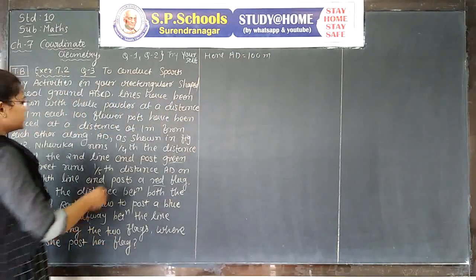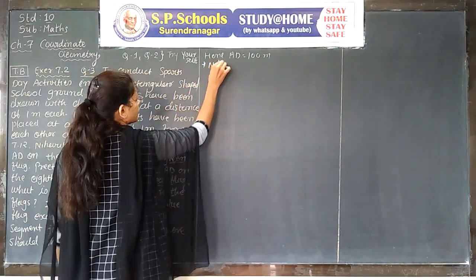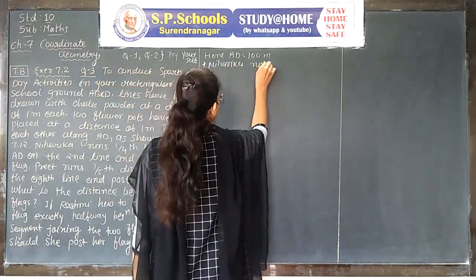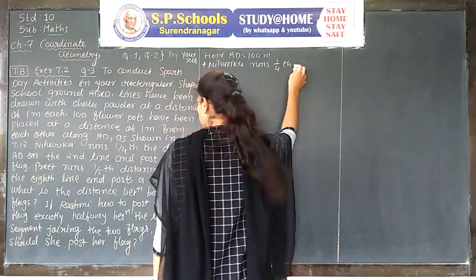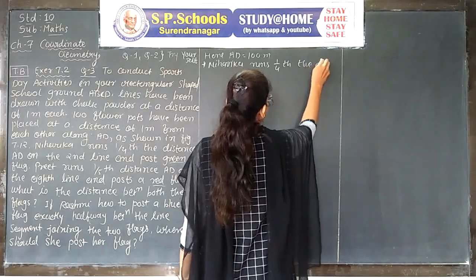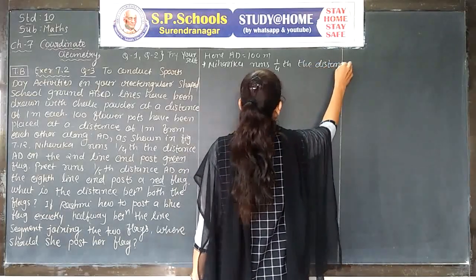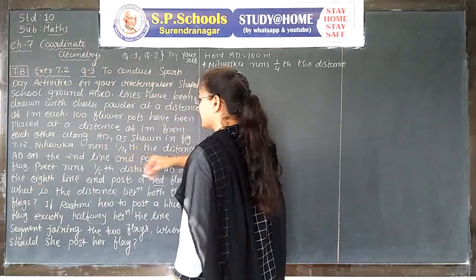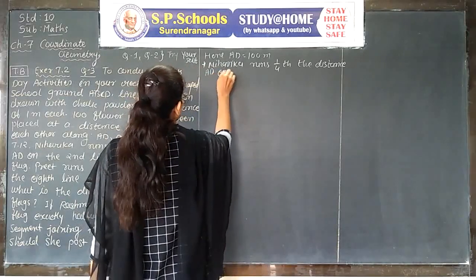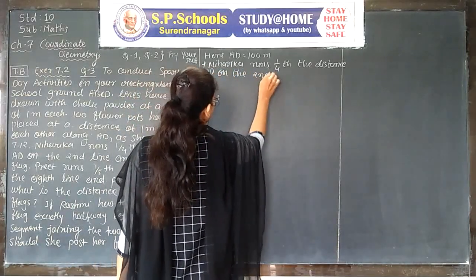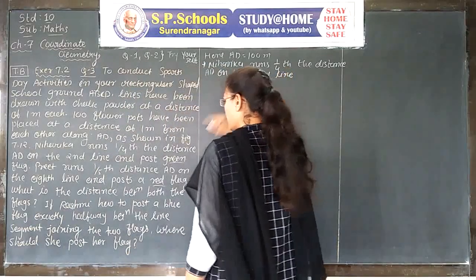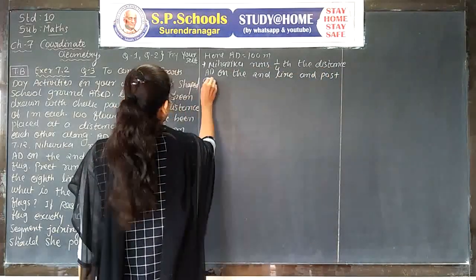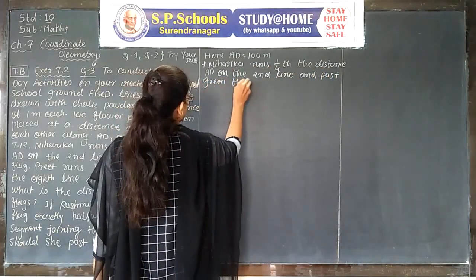Now first is Niharika. Niharika runs 1/4 the distance AD on the second line and posts a green flag.